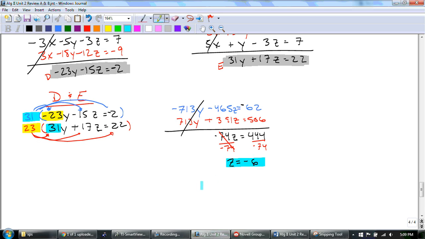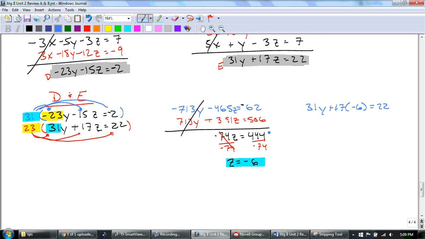Okay, so now that I know what z is, I'm going to go back and plug it in to find y, into D or E. It doesn't matter which one. I chose E. So I got 31y plus 17 times -6 equals 22. Pause the video, solve it yourself.